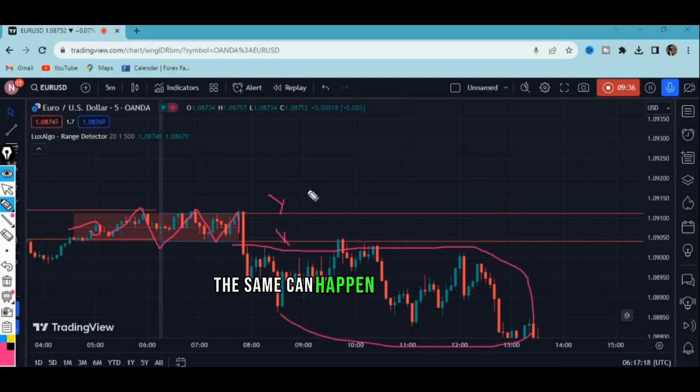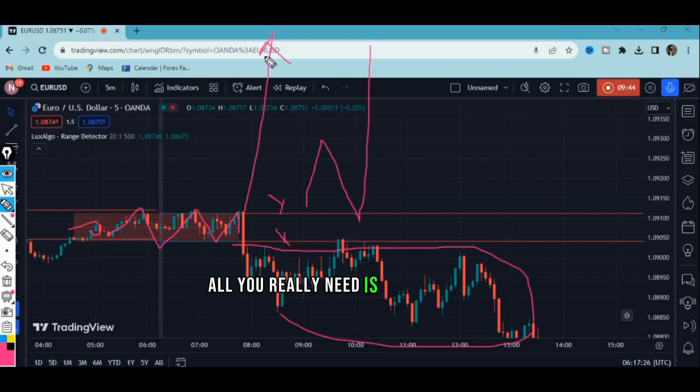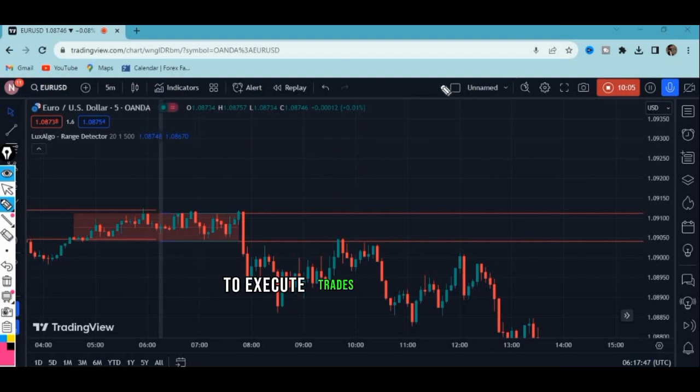The same can happen on an uptrend, something like this, something like that. All you really need is confirmation. As I've told you, wait for breakout structure, see where candlesticks are closing, and you'll be able to make a pretty good amount of money, because it helps you know breakouts and ranges, and so guys, it becomes so easy to execute trades.